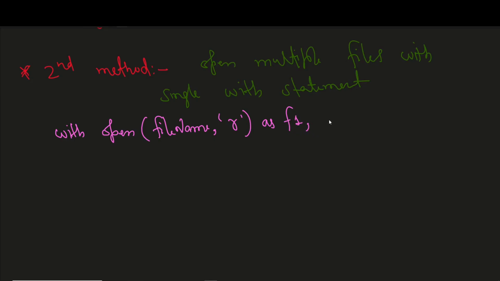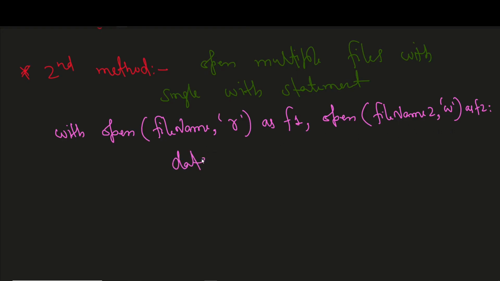Put a comma here and then write open a second time, file name 2, write W as F2. Now we have F1 and F2 together, right? We have opened both the files, one is F1 and another is F2.